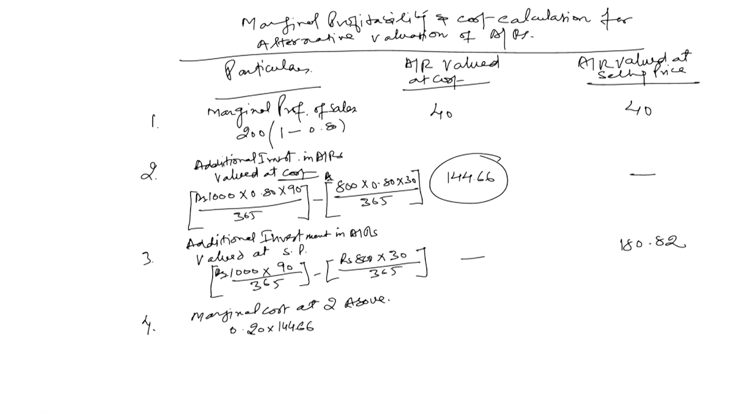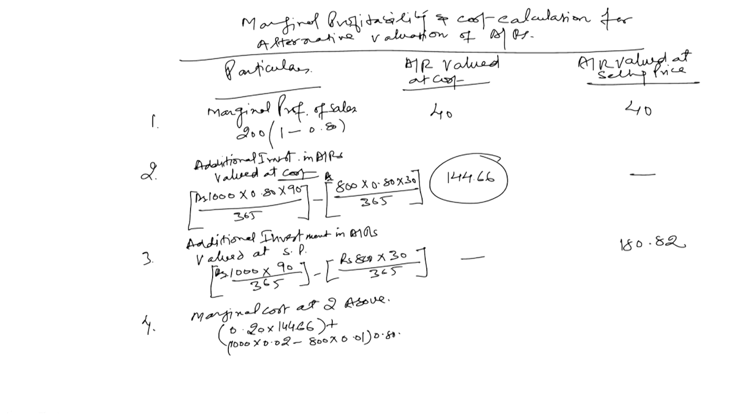That is one part, then plus 1000 into 0.02 minus 800 into 0.01, multiplied by 0.80 because the cost is 80%. So, we have taken the marginal cost here.